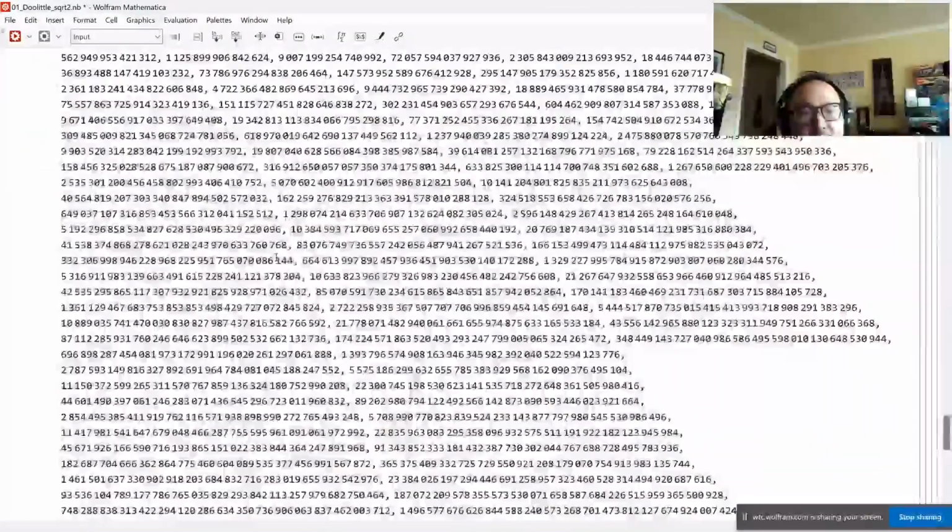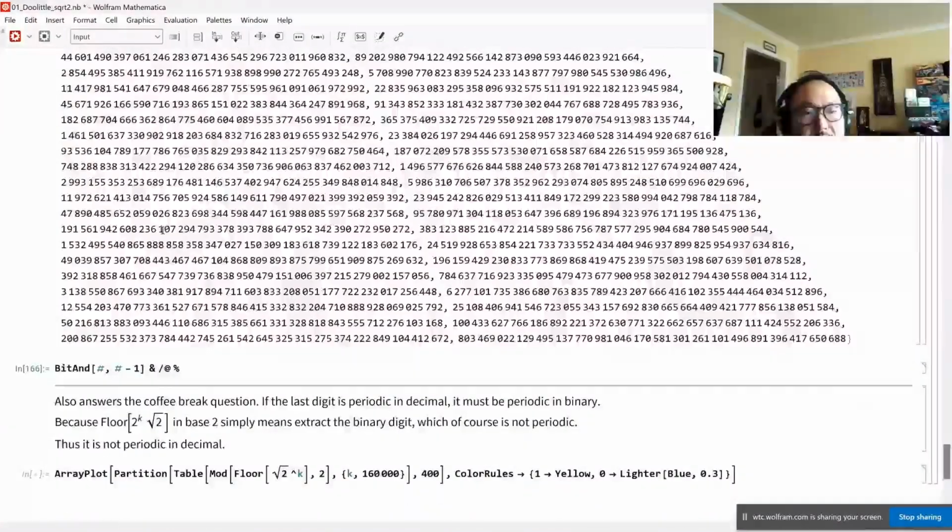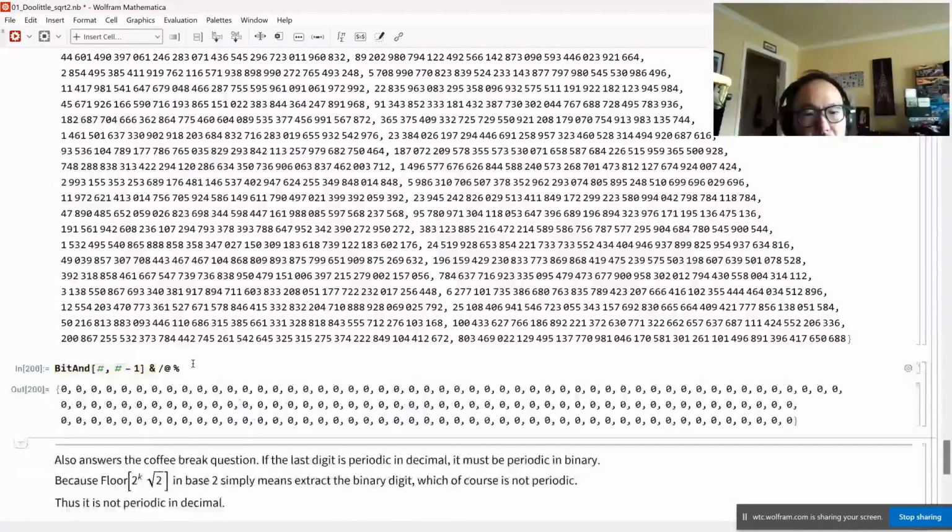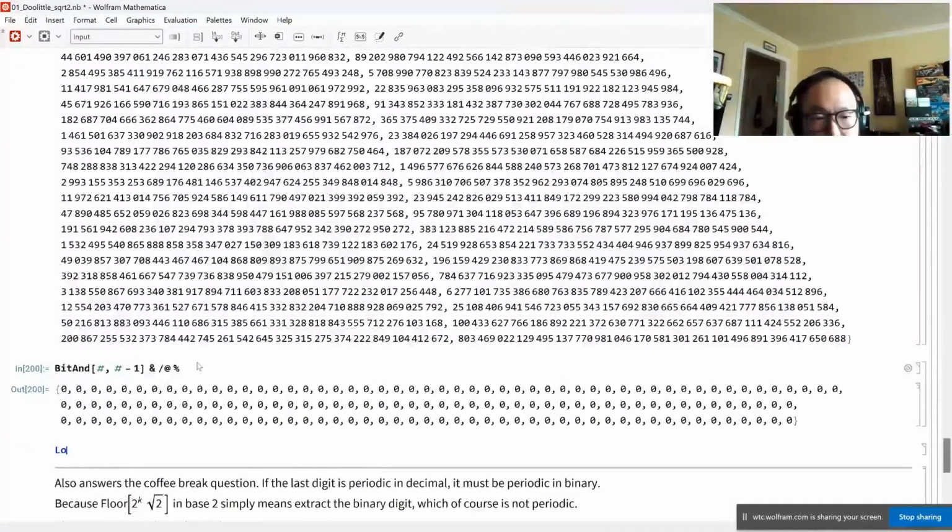And if you don't believe that, you can just test all the values. We can do this bit length. If it's 2 to the power of n minus itself, it should be 0. Everything is a perfect square, and also a perfect power of 2.